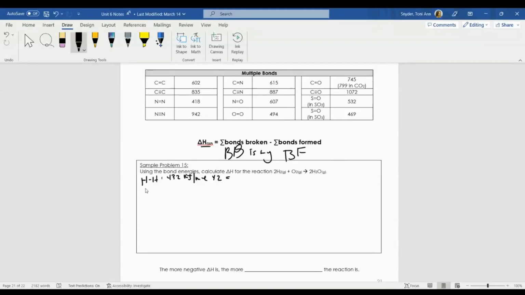I also have in my reactants a double bond, oxygen double bonded to another oxygen. Looking here, the energy of that bond is 494 kilojoules per mole, but there's only 1 of those.